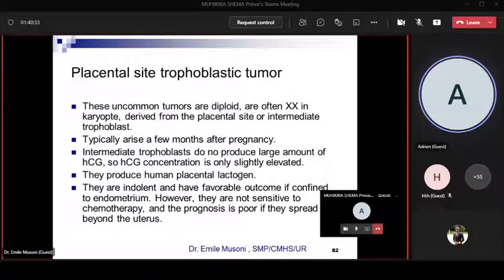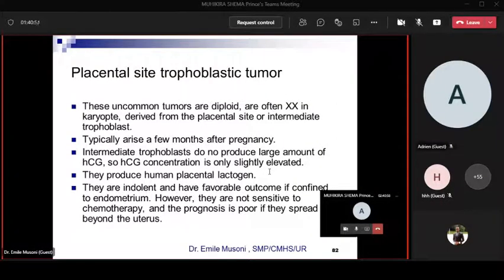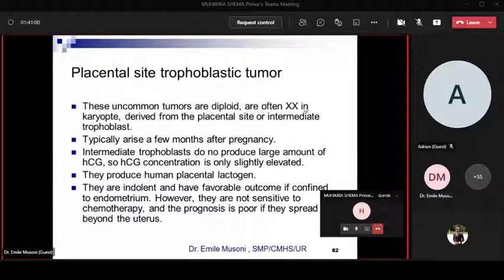I would like to know the clinical manifestation of endometrial hyperplasia so as to avoid the cancer. Sorry? Clinical manifestation of endometrial hyperplasia. Most of the time it is uterine bleeding. Uterine bleeding is the main clinical feature.